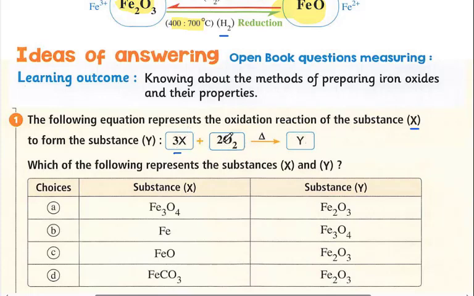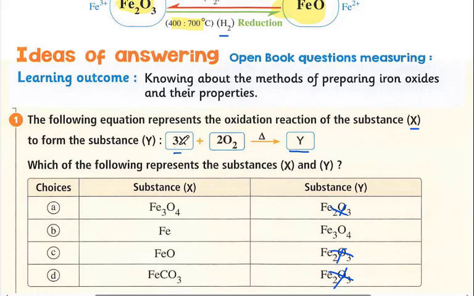X3O4 is magnetic iron oxide. What is the substance? This X is iron. This X is just an element, and this is the compound. This is magnetic iron oxide, so it is not ferric oxide. Fortunately, this is the correct one.